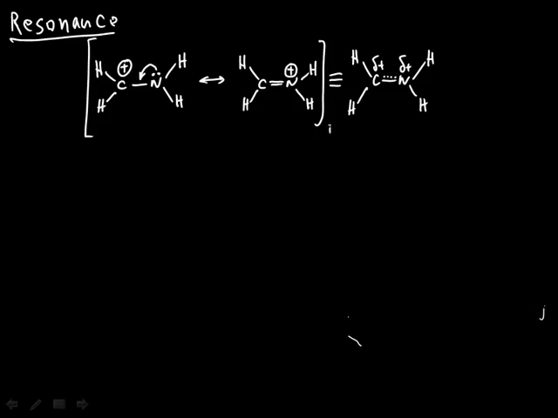This state of the molecule is called the resonance hybrid, which simply means that this molecule exists in a form which is somewhere between the two extreme structures drawn between these brackets.